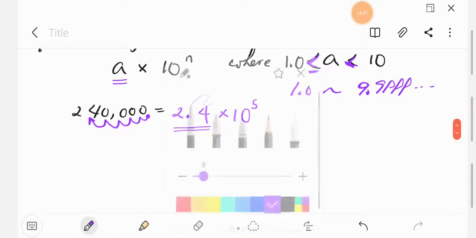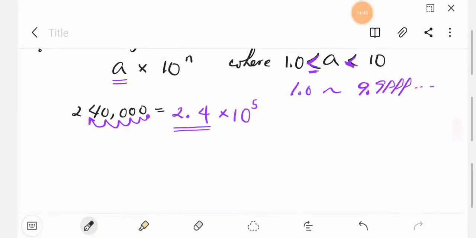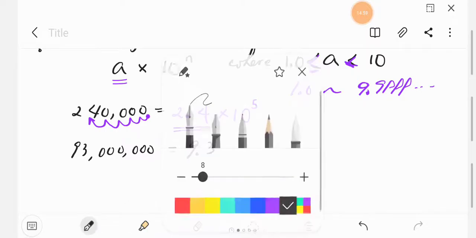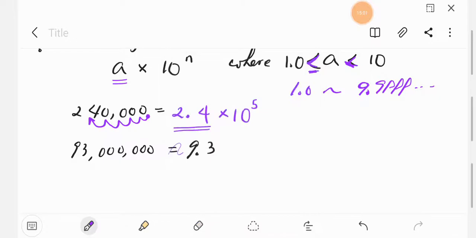Okay, let's try more. Okay, how about 93 million? This means we have to move the decimal point all the way after the first non-zero digit 9. So let's count how many places we move.